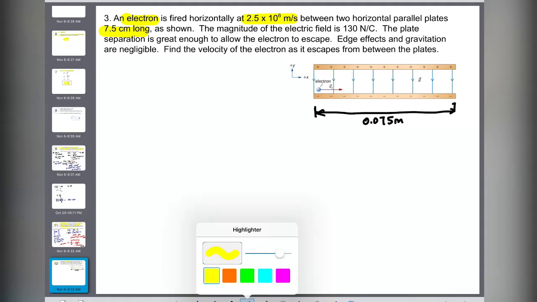The magnitude of the electric field is 130 newtons per coulomb. The plates are separated far enough to allow the electron to escape. Edge effects and gravity are negligible. Find the velocity of the electron as it escapes between the plates.